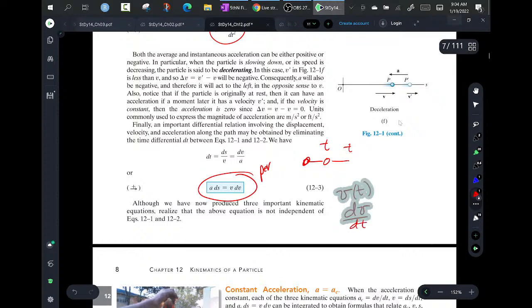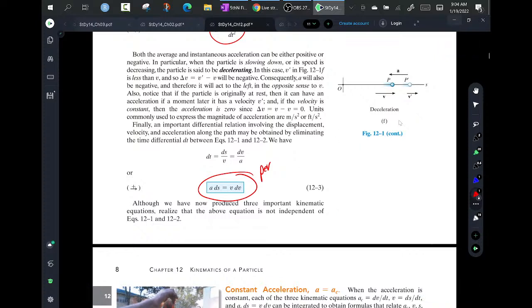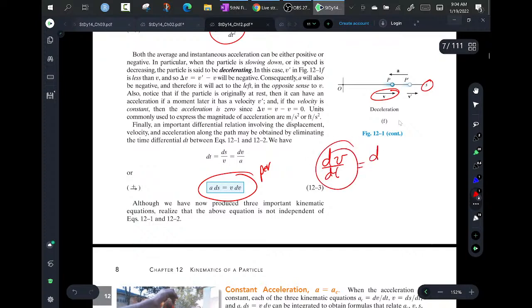However, if you don't have velocity as a function of time, but you have velocity as a function of position, then you've got this problem. And the problem comes back to, this is the definition, but it can be rewritten like this. If you look back, this is nothing more than velocity.